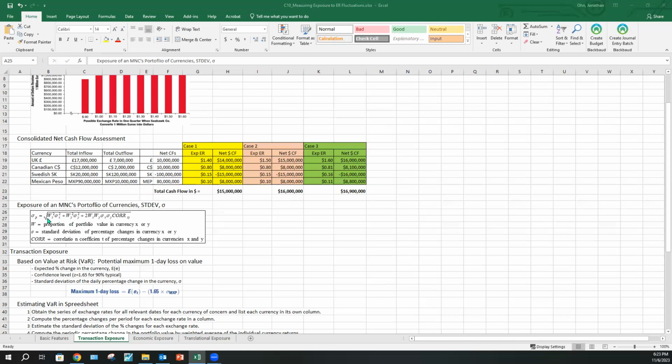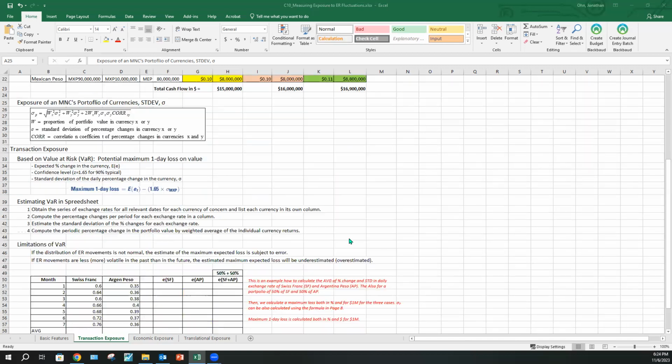W is the weight proportion for each currency or each asset, each stock, and the standard deviation is the risk measure, and one more variable is the correlation coefficient between two stocks or two currencies. So this is the theoretical equation to calculate the portfolio's currencies standard deviation. I'm going to show you how to use this one later on.